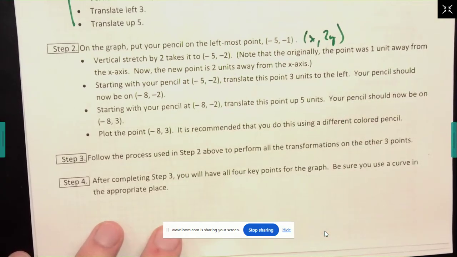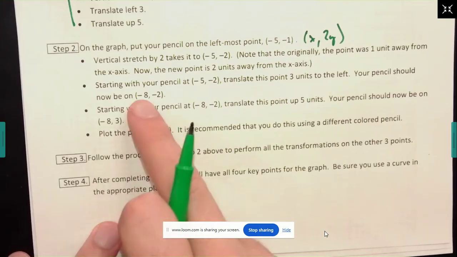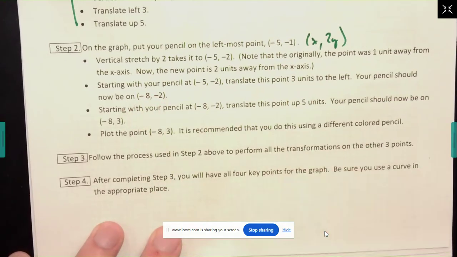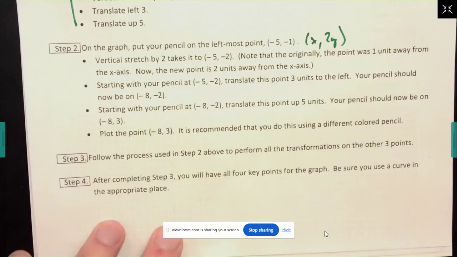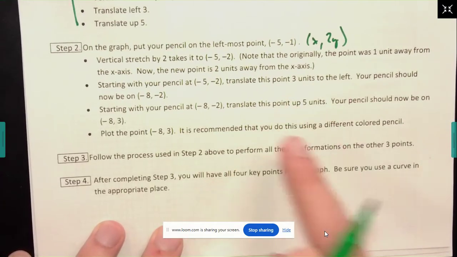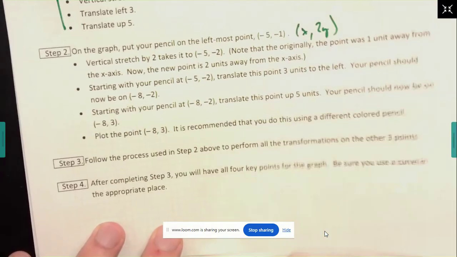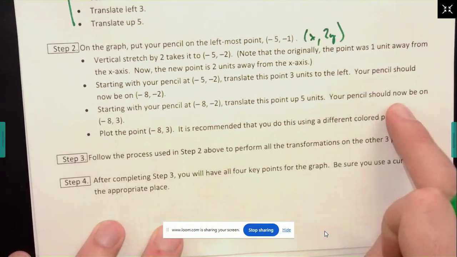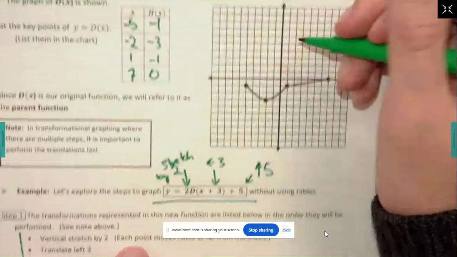Okay. We are going to then do our shifting. So stretch first, then shift. We're going to move it left 3 after we stretch it, and then we're going to move it up 5 after we do that. So let's look at this point. First thing I do, let's stretch it.